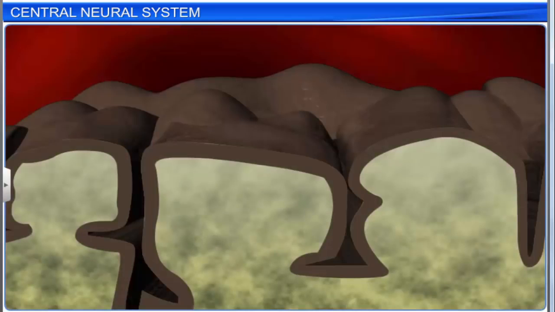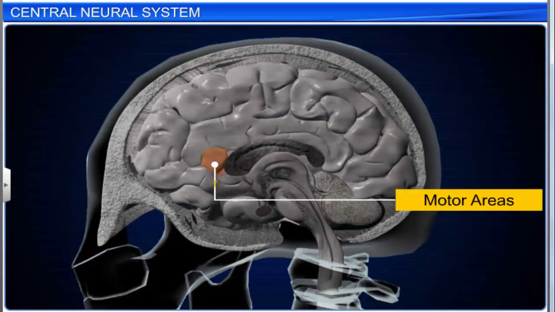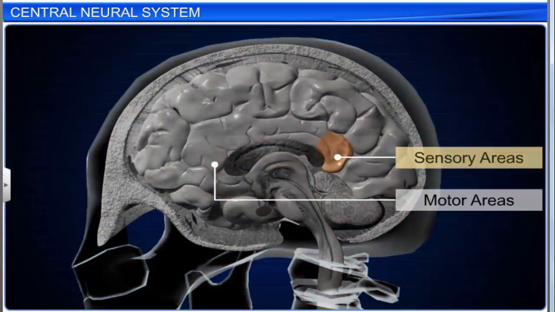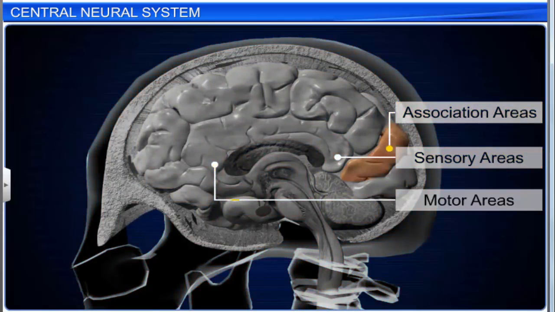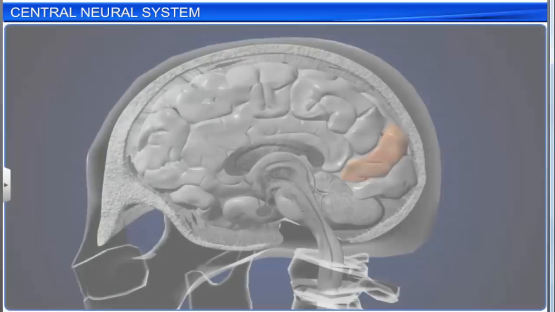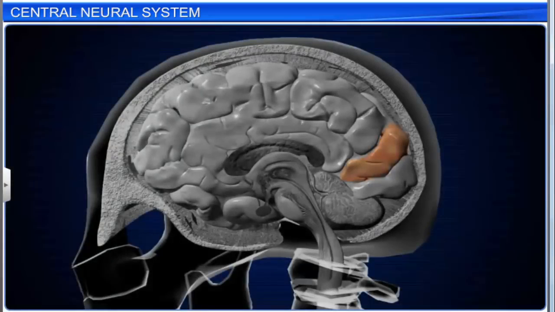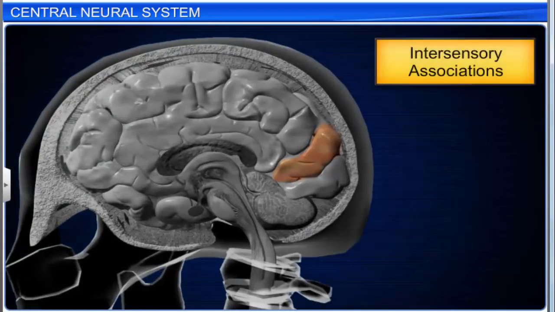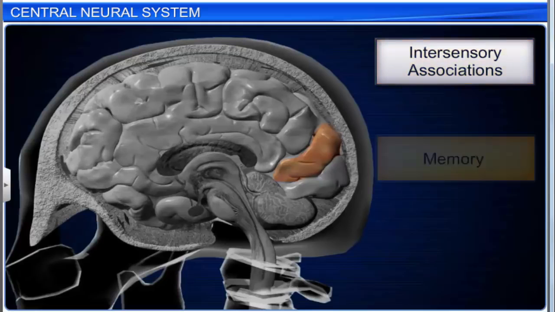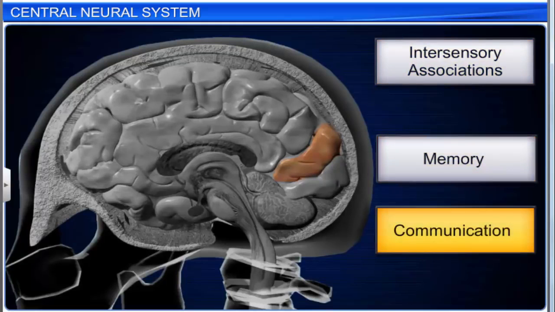Therefore, the cerebral cortex is called grey matter. It contains motor areas, sensory areas, and association areas. Association areas are responsible for complex functions such as intersensory associations, memory, and communication.